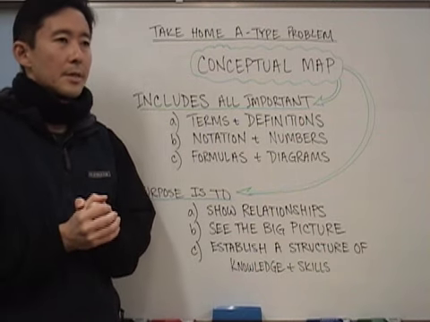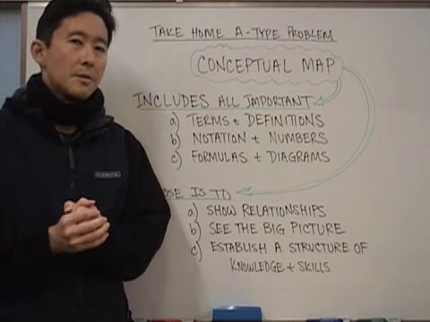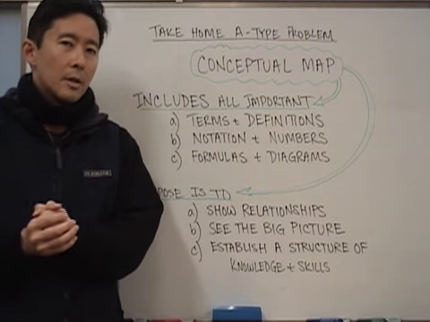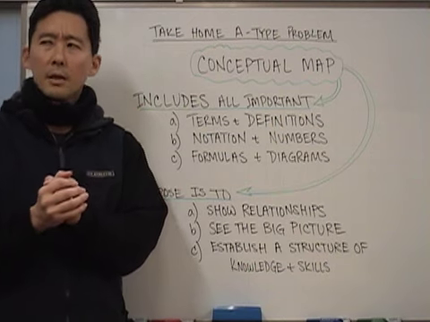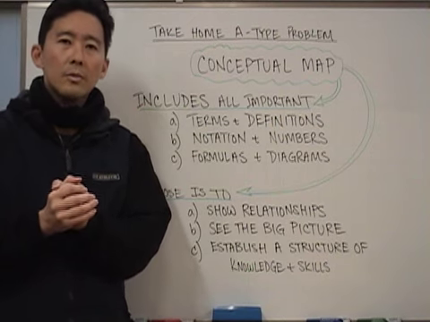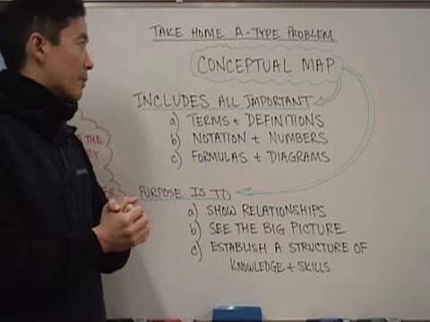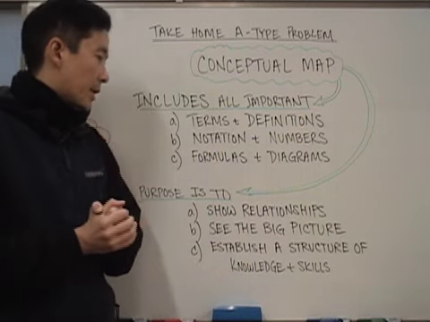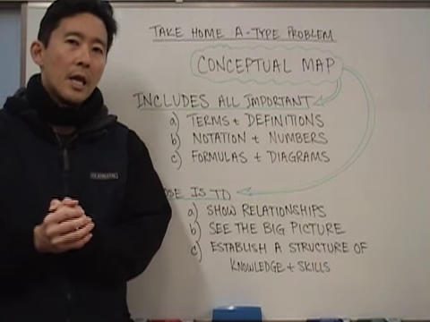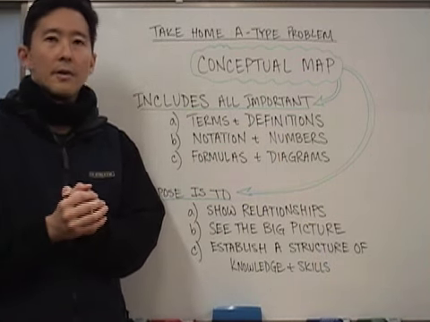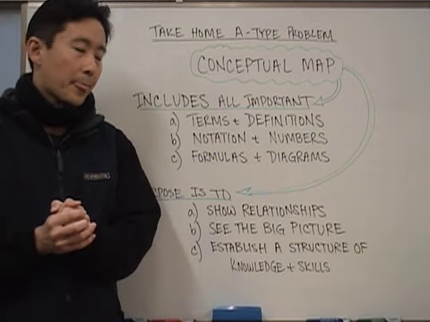Oftentimes, especially during long chapters, as you continue through the chapter, it becomes difficult to really get a grasp of, well, what are we all doing this for again? So one purpose of the conceptual map is to always focus on what the big picture is and make sure that you can see everything in the proper perspective.